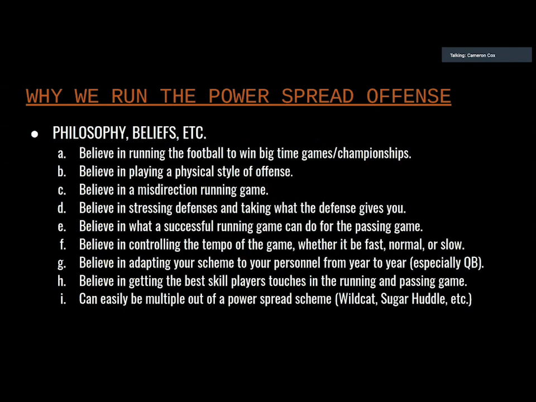Now, there's a lot of different schools of thought when you look at the power spread or you look at spread offenses that run the ball, and you look at teams like Auburn, they play as fast as they can all the time, or they used to. They typically did. There's other offenses out there that play at a normal pace. They play with a check with me tempo, where they check to the sidelines before every play. And then there's also nothing that says that you can't run a spread offense and huddle and move at a slower pace.